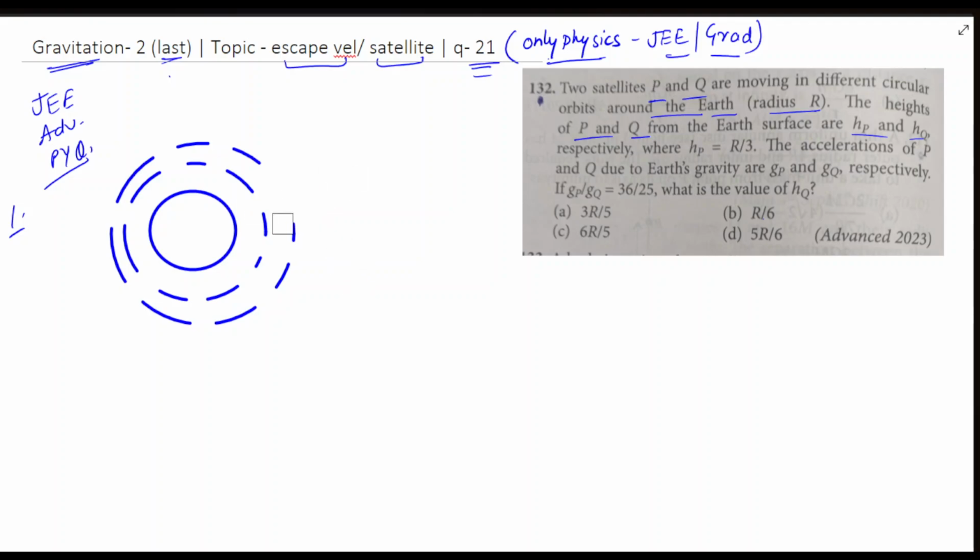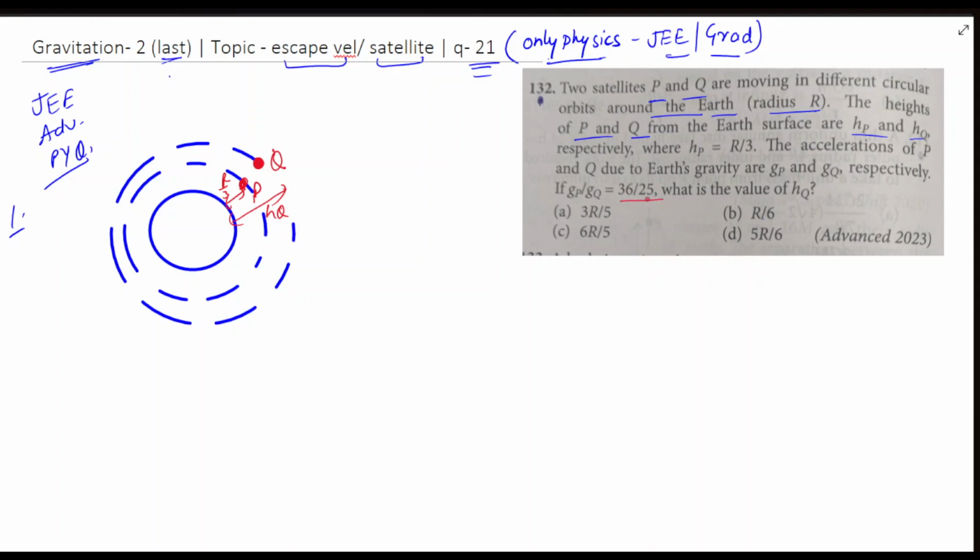Let's say this is P, and this is Q. Now the height of P from the surface is R by 3, and let's say this is HQ.